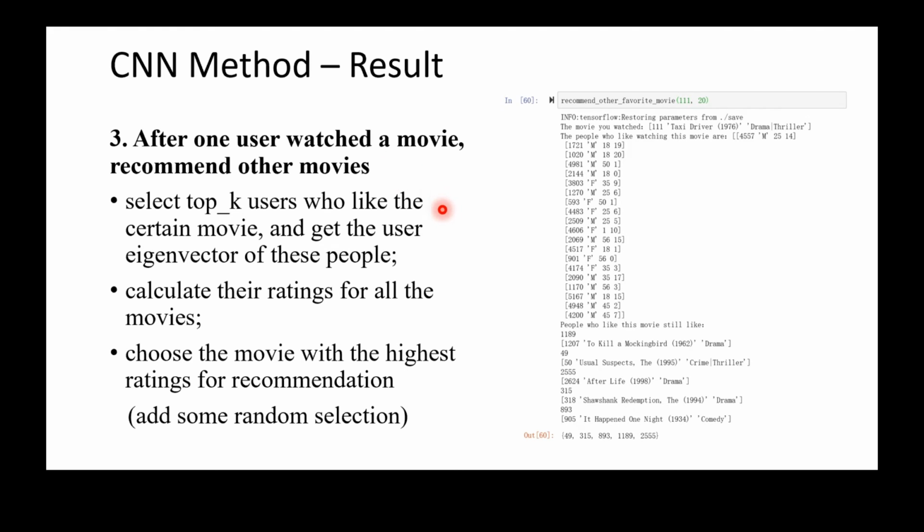First, select top K users who like the certain movie, and get the user eigenvector of these people. After calculating the rating for all movies, finally choose the movie with the highest rating for recommendation. It also needs to add some random selection to make sure each recommendation is slightly different. So this is our result with CNN method in recommendation system.